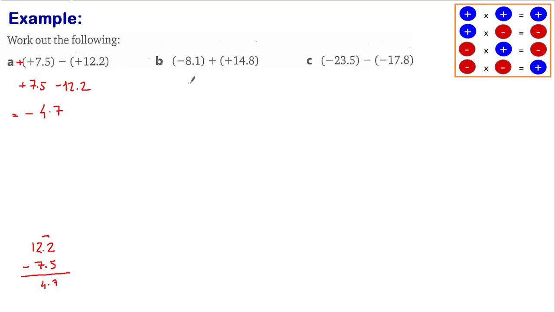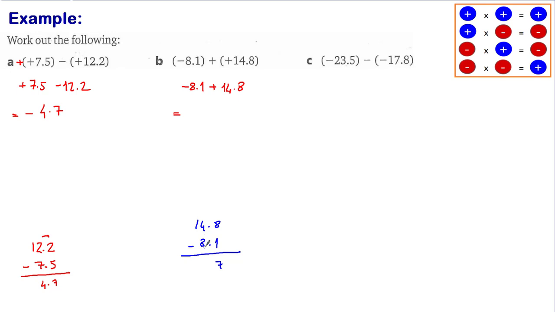Okay, the second number is minus 8.1. Plus and plus makes plus. So this is plus 14.8. When we have the different signs again here, I'm going to do subtraction. If I do the subtraction here, 14.8 minus 8.1, the answer is going to be equal to, from 8 subtract 1, 7.